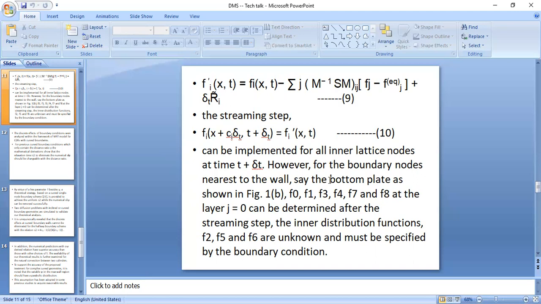However, for the boundary nodes nearest to the wall, say the bottom plate as shown in figure 1b, f0, f1, f3, f4, f7, and f8 at the layer j equals 0 can be determined after the streaming step. The inner distribution functions f2, f5, and f6 are unknown and must be specified by the boundary condition.